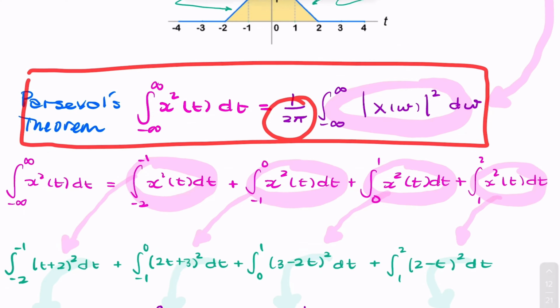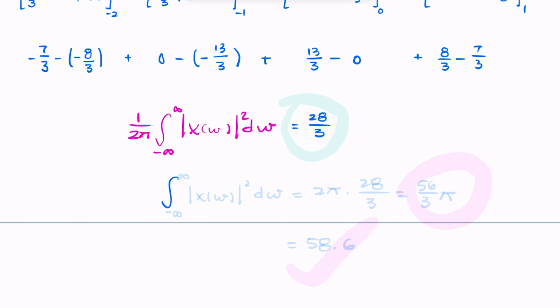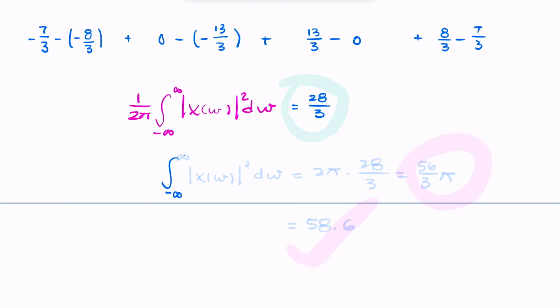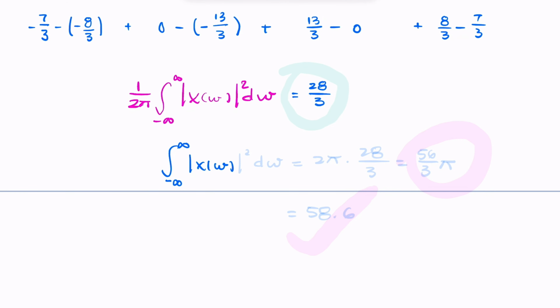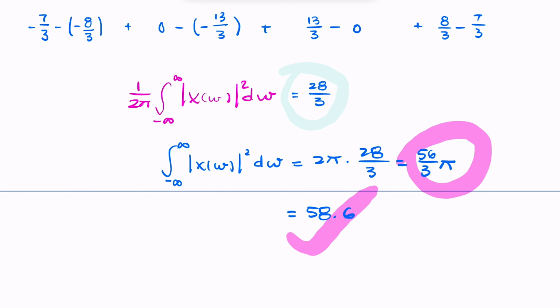So we need to multiply by 2 pi. So our final answer will look like this, either that or that. So that is your final answer.